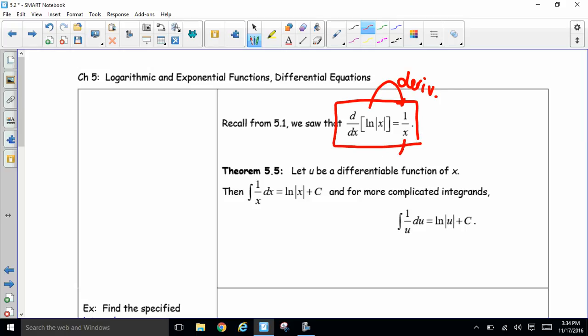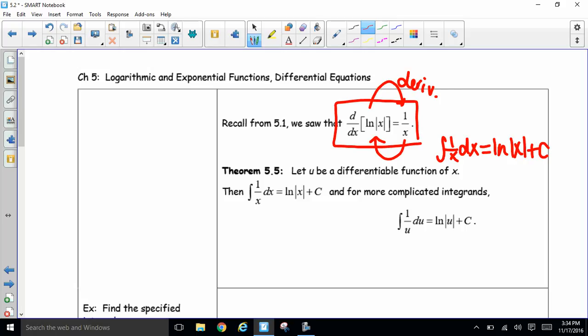So that means if we want to reverse and integrate 1 over x dx with respect to x, then we're going to get natural log of absolute value of x plus c. We already did the forward direction yesterday, differentiating natural logs and getting things of the form 1 over something. So now if you're trying to integrate something of the form 1 over something, you're going to go backwards and end up with a natural log.